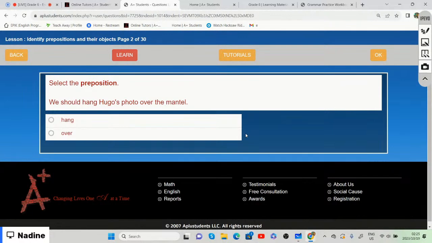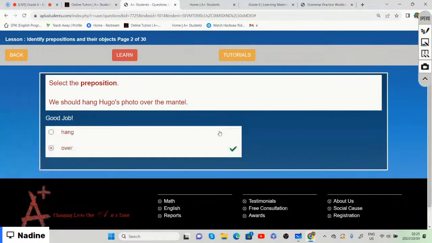If we select the preposition, we can say over the mantle.